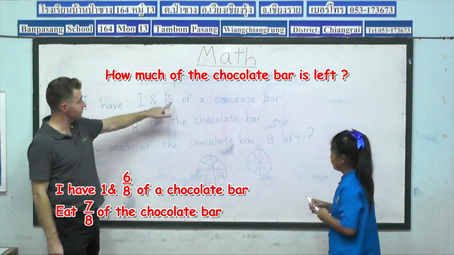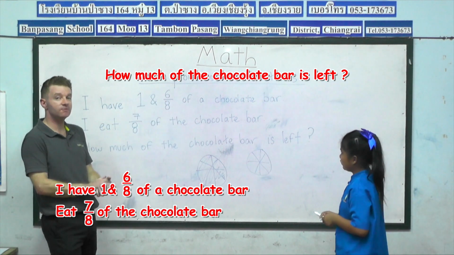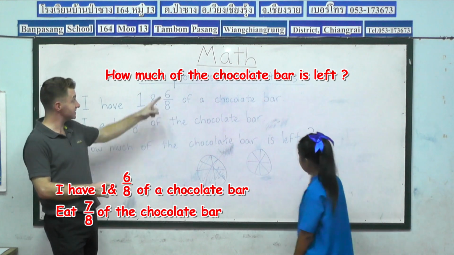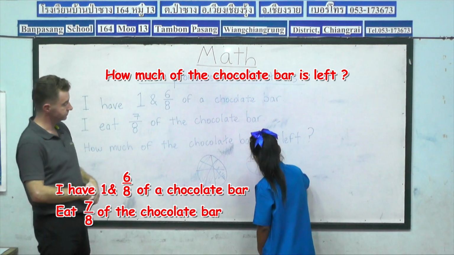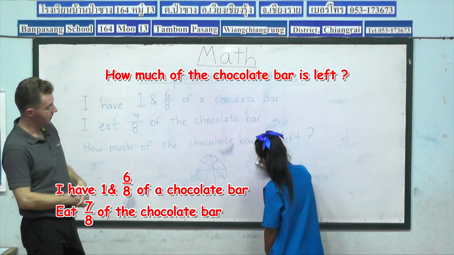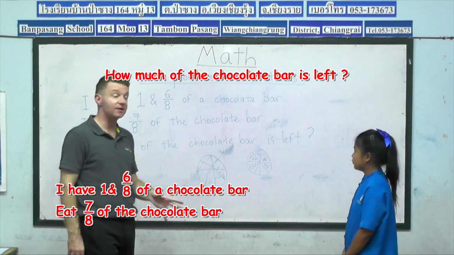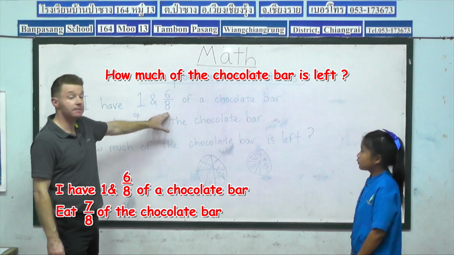Perfect. Now in our second circle, how many pieces need to be coloured in blue? 6 pieces, yes, it's 6/8.